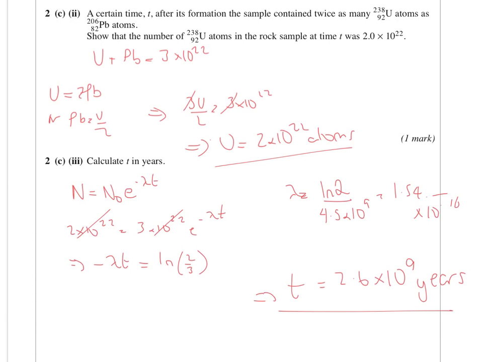To get the units, this 4.5 times 10 to the 9 was in years, so it gives you your decay constant in probability per year, so then you end up with a t in years once you rearrange it.